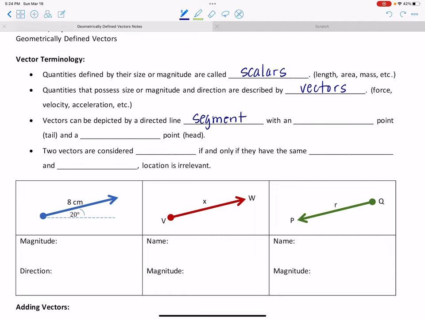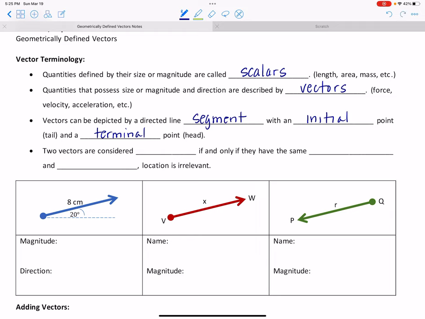Basically, what's going to happen when we're depicting a vector is we're going to start with some initial point, and that would be the end point on this directed segment that we would see. And we can also call that the tail end of the vector. And then there will be a terminal point, much like with a terminal ray for an angle. We're going to call that the head of the directed segment. And again, that's where we're going to see the arrow.